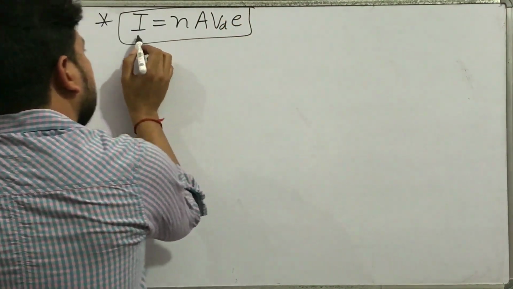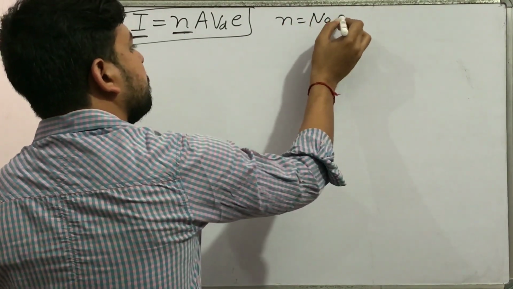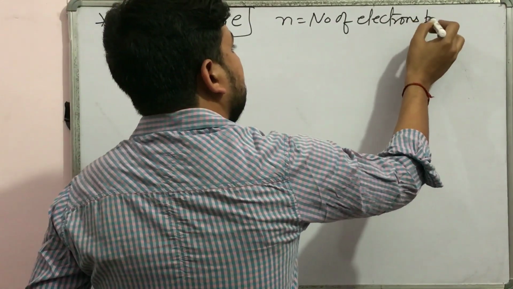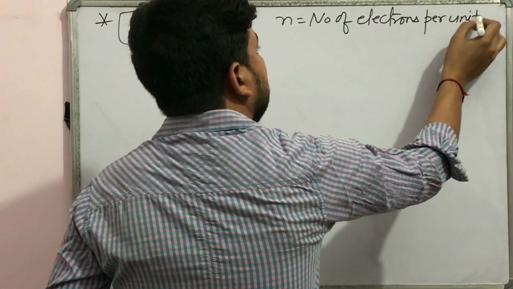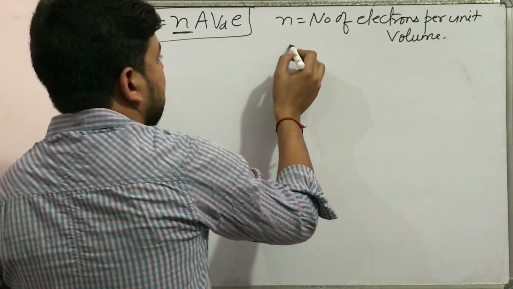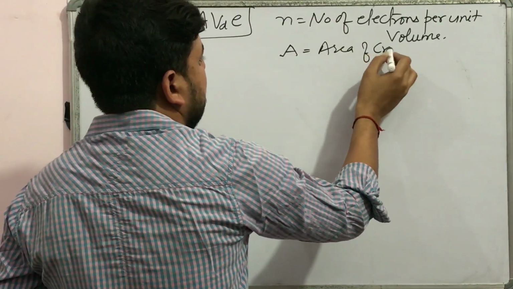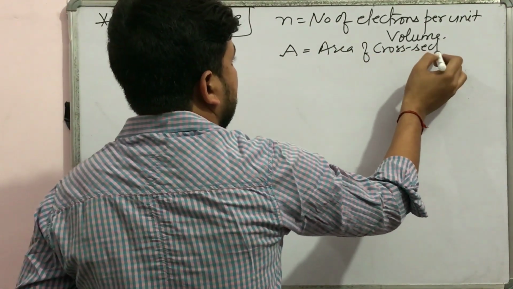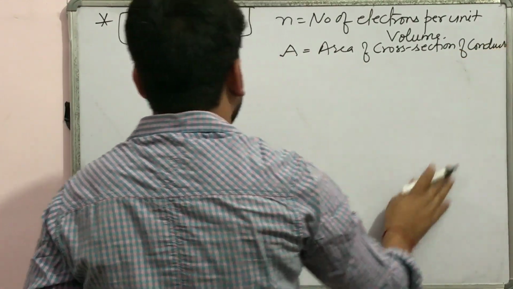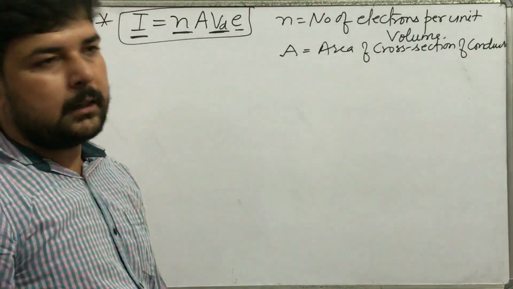In this expression, I is current, n is number of electrons per unit volume, A is area of cross section of conductor, Vd is drift velocity and small e is the charge on the electron.